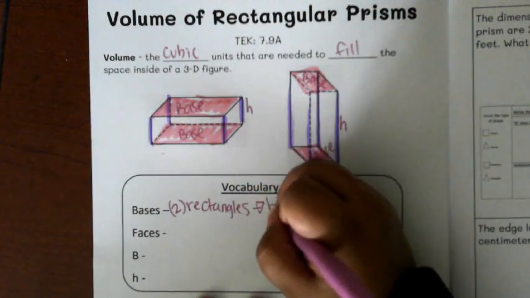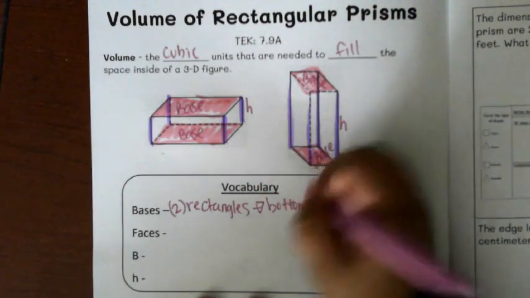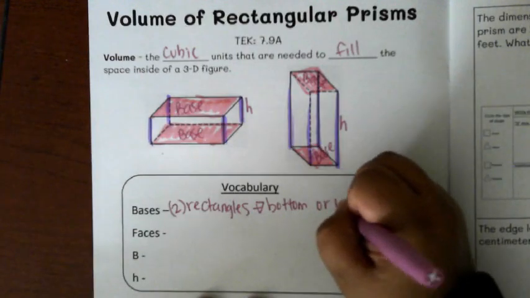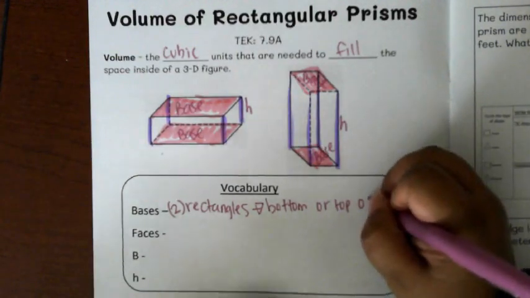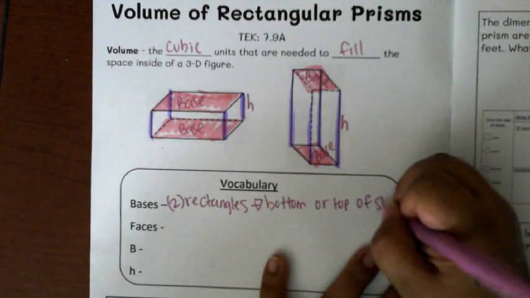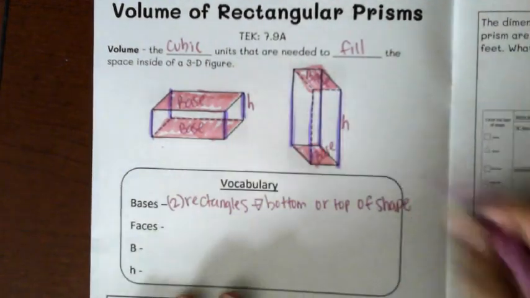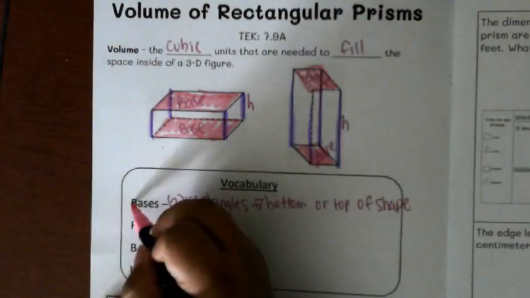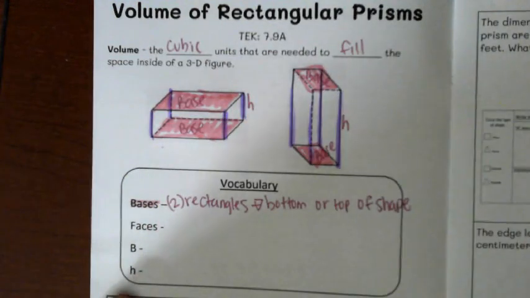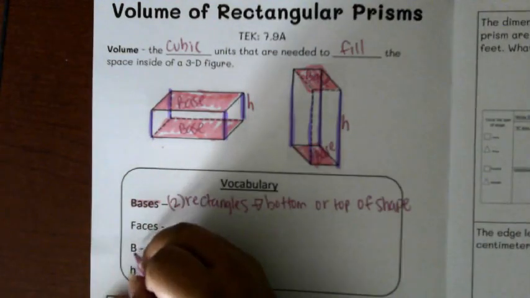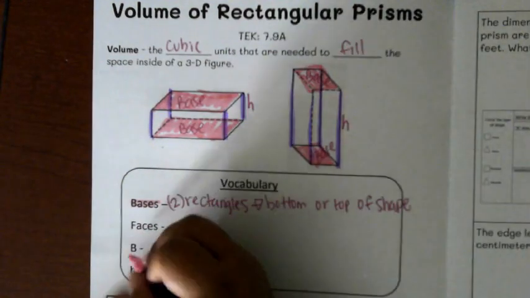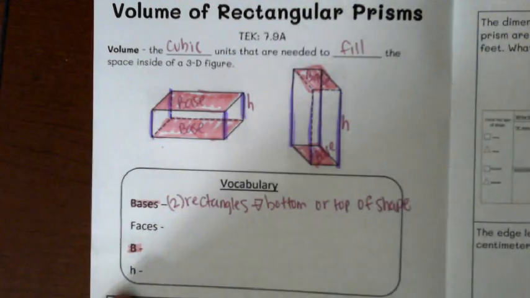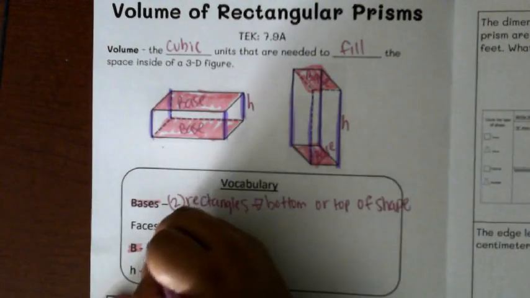They are going to be found at the bottom or top of the shape. Okay, so here we're talking about the bases, okay? Now I'm going to come over here to the big B, and I'm going to talk about that, okay?